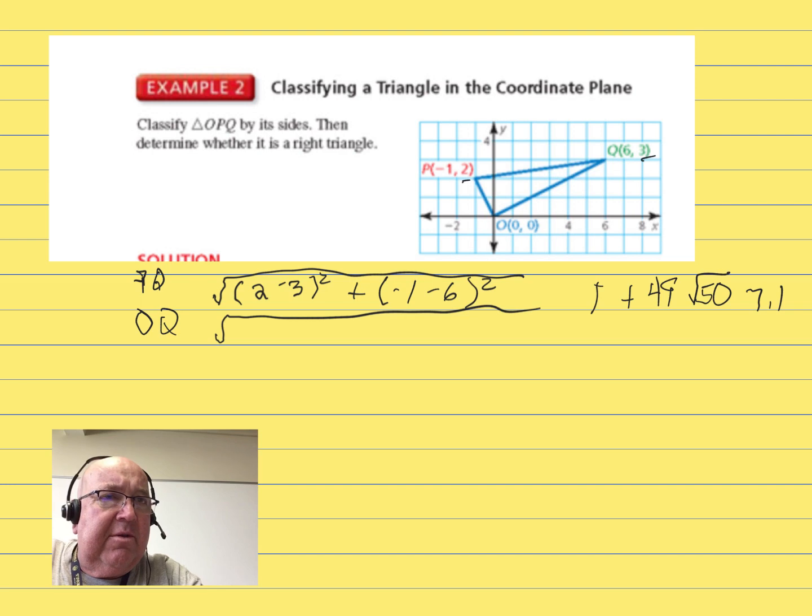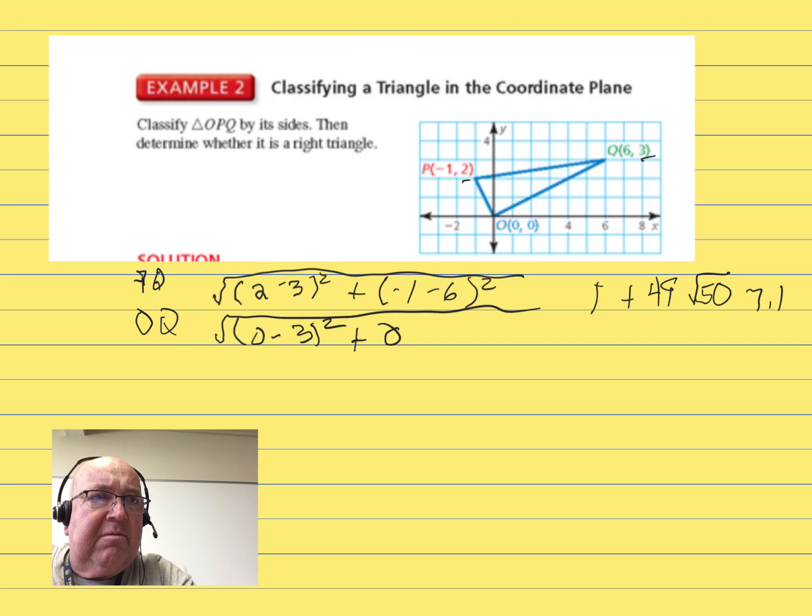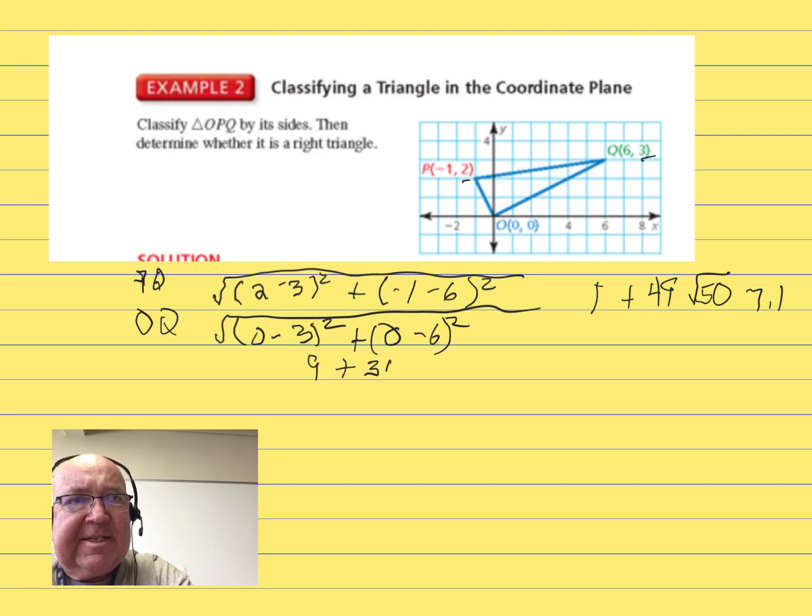And then we're going to do OP, so we're going to have 0 minus 3 squared plus 0 minus 6 squared, which is going to give us 9 plus 36.